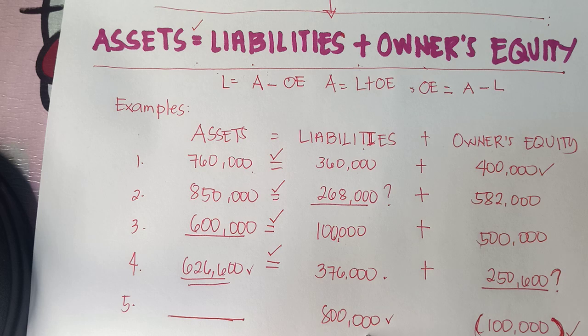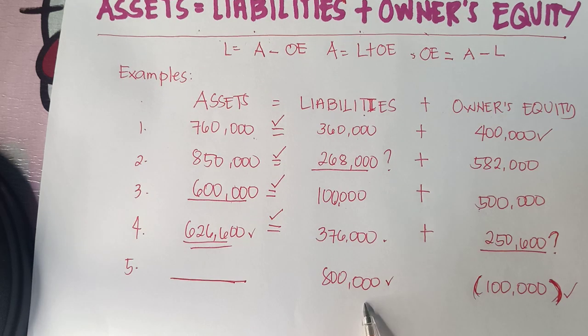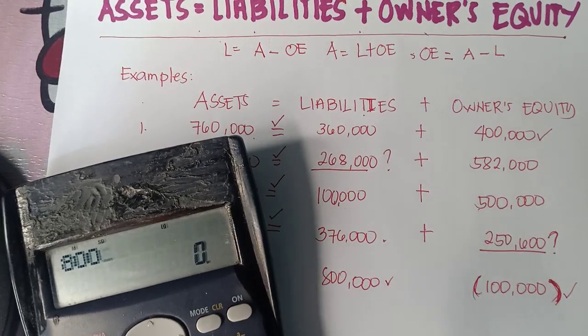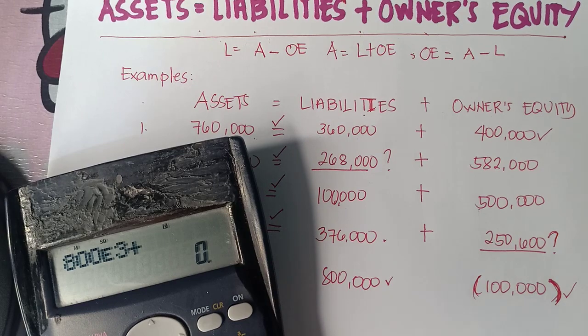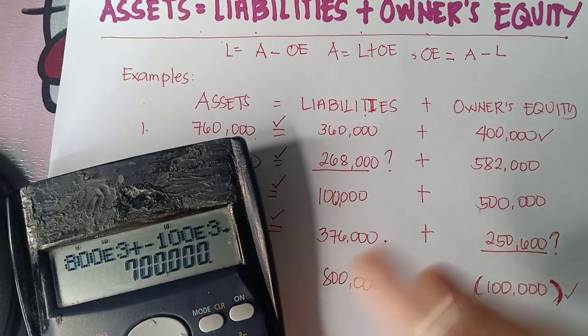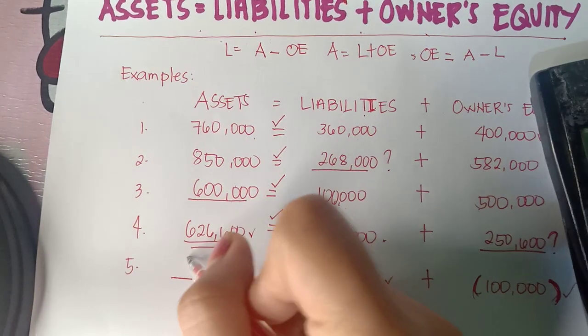So, we have to add the liabilities plus owner's equity. The liabilities is 800,000 plus negative. We really need to add it as a negative so our answer is correct. So, negative 100,000 is equal to 700,000.